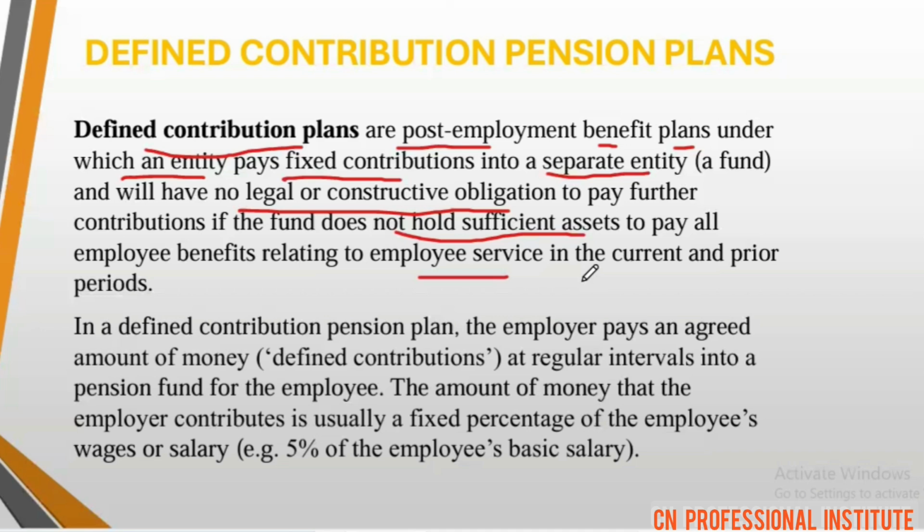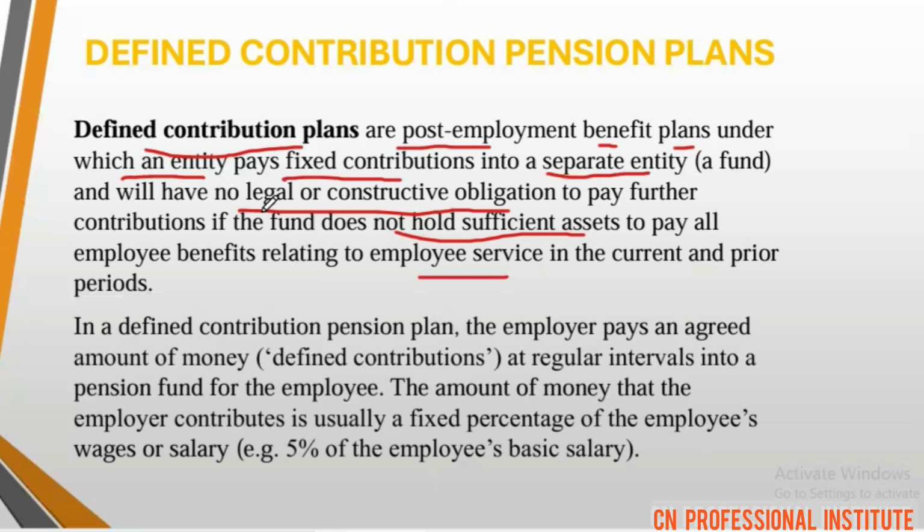So if you retire, that's the second part. If you retire and SSNIT does not have enough money to pay you, the employer, the entity, the organization, has no obligation to pay any further contribution. All they do is pay a fixed amount into a separate fund, SSNIT.